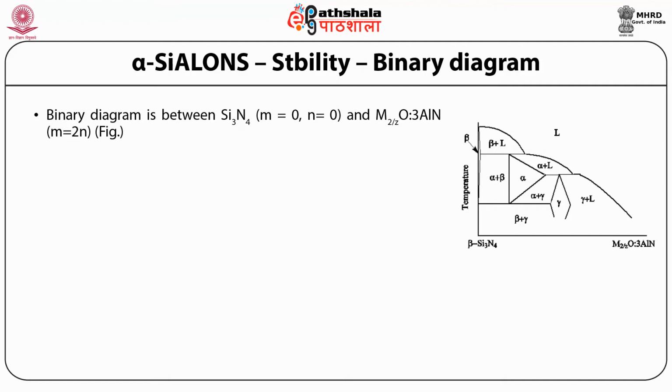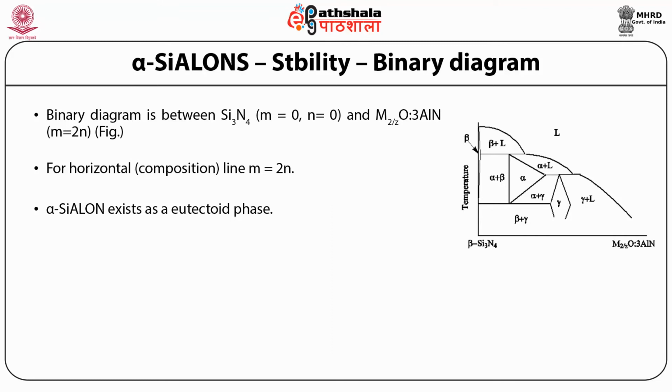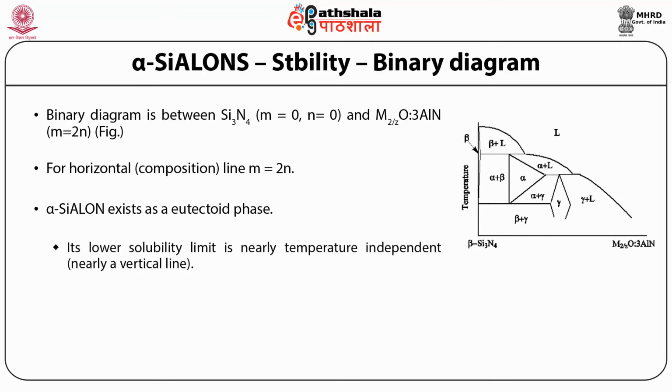In the figure, you can see that the horizontal composition line in this diagram corresponds to m equal to 2n. In this phase diagram, the alpha sialone exists as a eutectoid phase, and its lower solubility limit is nearly temperature independent, as shown by a nearly vertical line, while the upper solubility limit increases with temperature.